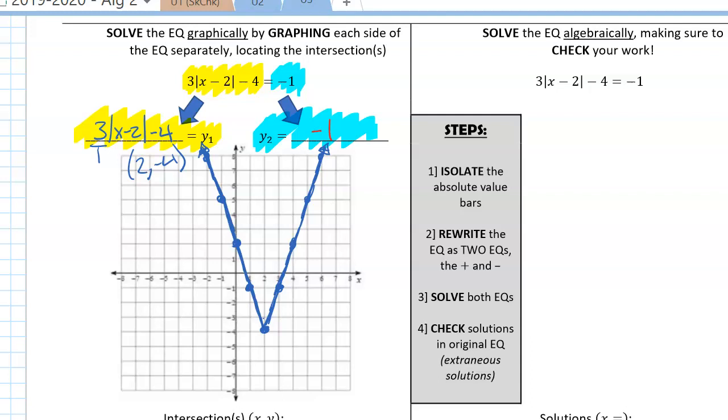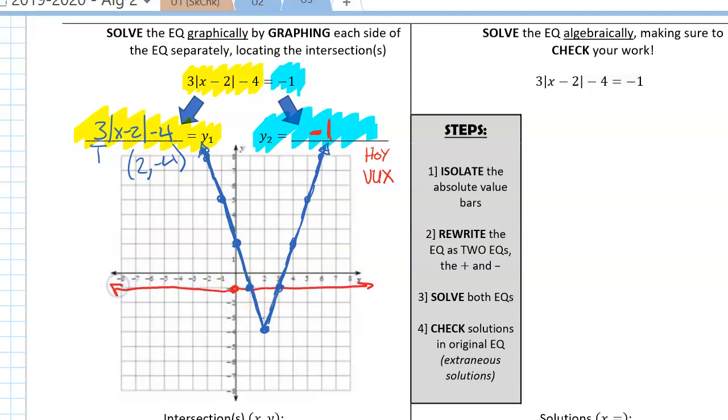And there we have the graph of our absolute value. Now let's go ahead and graph the line y equals -1. We remember from our middle school days that this is a horizontal line at y equals -1. So we can go ahead and graph that out.